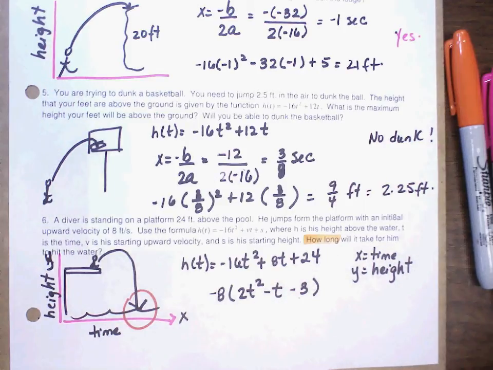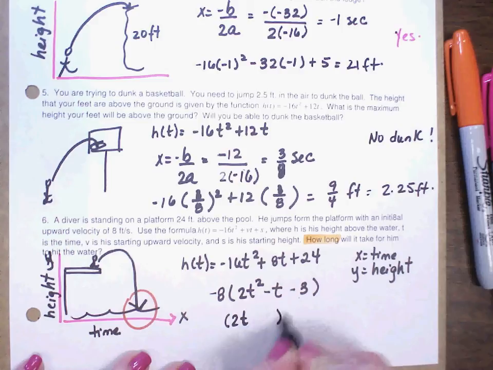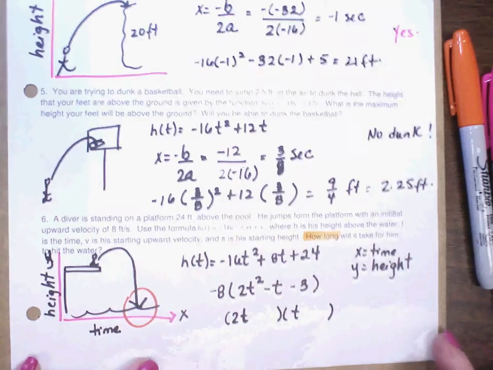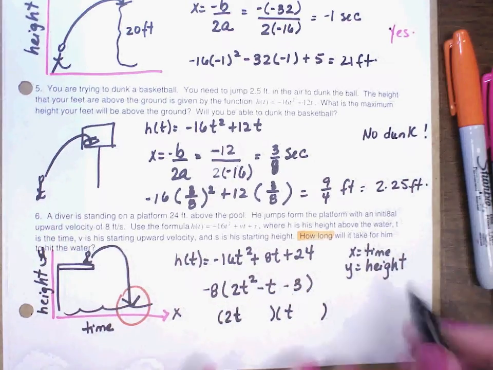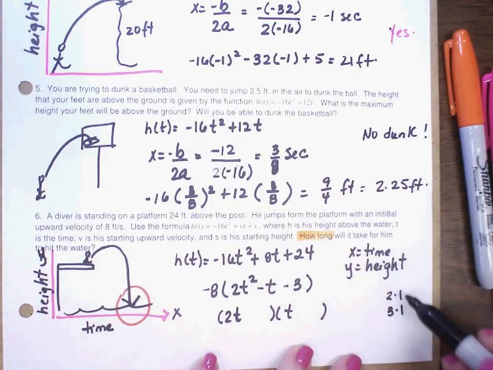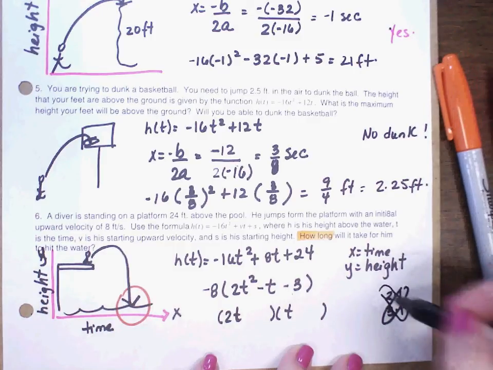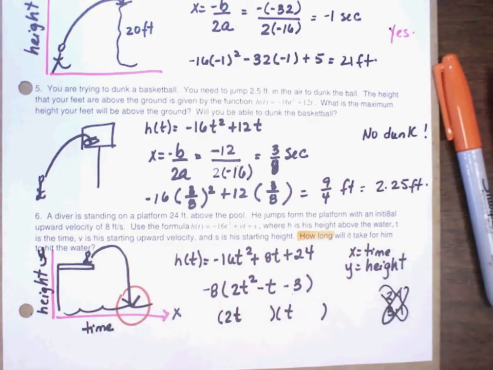All right, so now I need to factor. 2 is 2 times 1, and 3 is 3 times 1, and I have to get a minus 1. So can I just do 2 times 1 and 3 times 1 and then subtract? Which one needs to be negative? The 3 needs to be negative, not the 2, so that when you subtract, you get a negative 1.